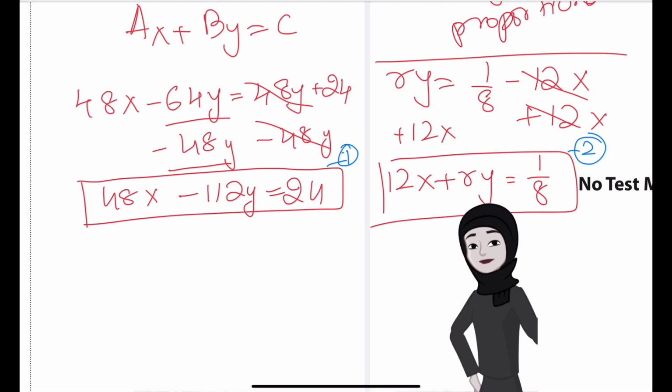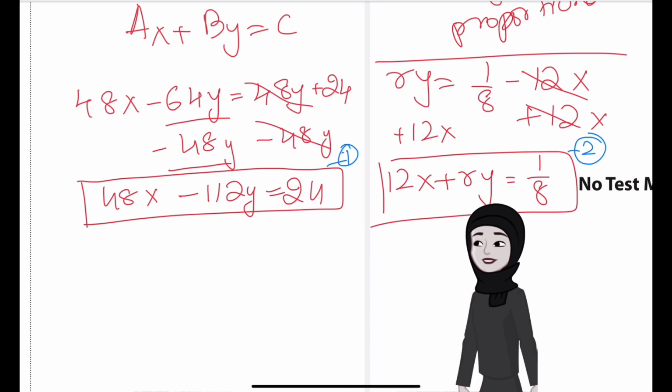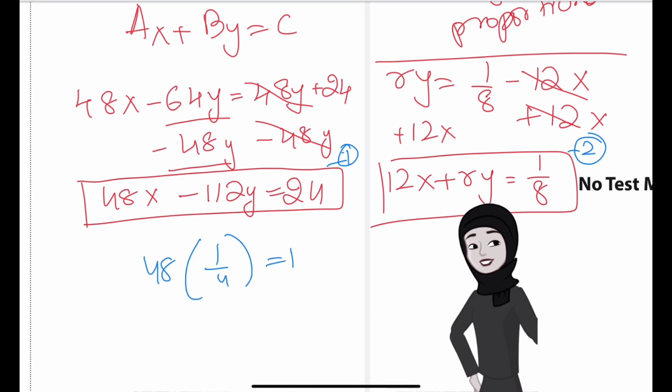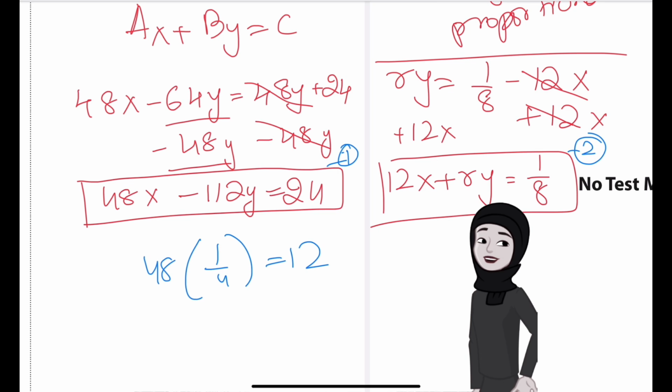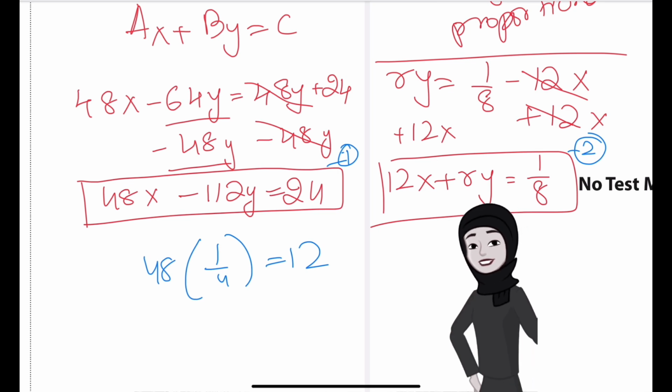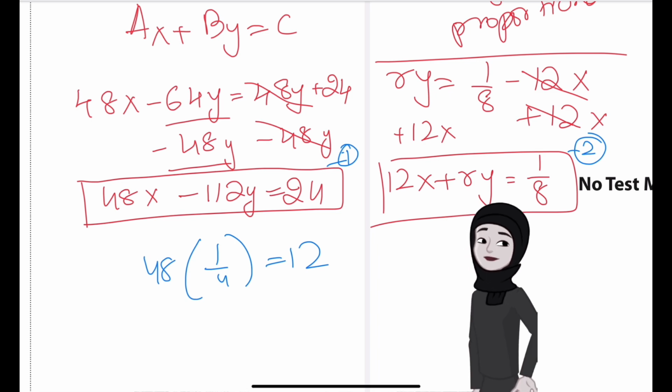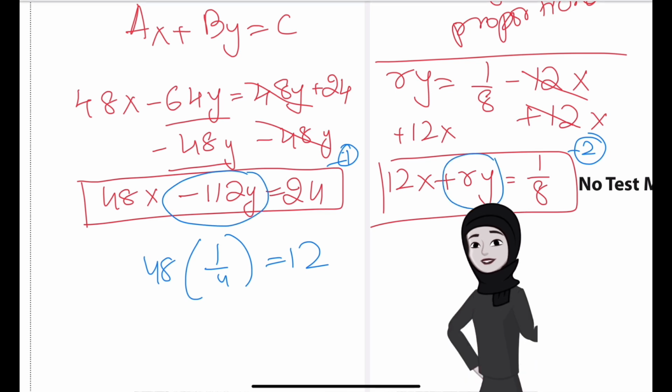What we observe is that the coefficient of x in the second equation is 1 by 4 times the coefficient of x in the first equation. In other words, if you divide 48 by 4, we get 12. That is the relationship between these two lines. For the lines to be parallel, the coefficient of y in the second equation must also be 1 by 4 times the coefficient of y in the first equation.